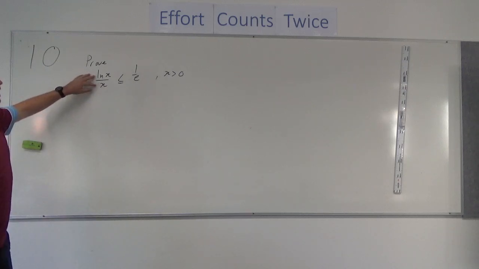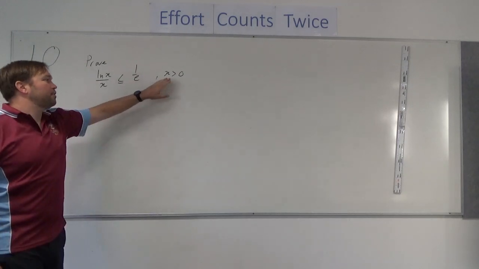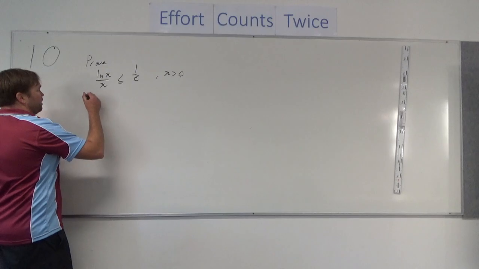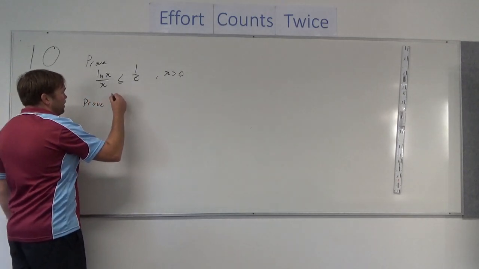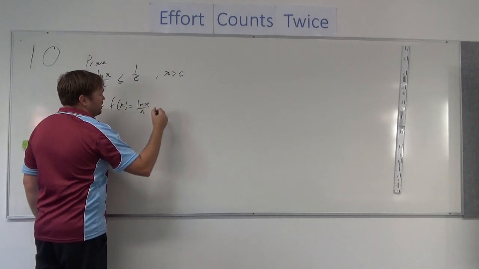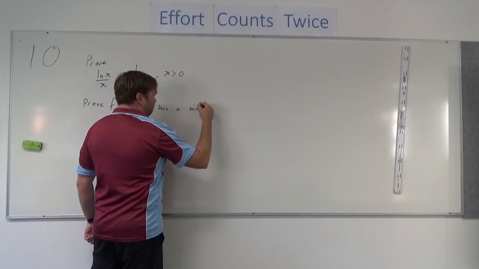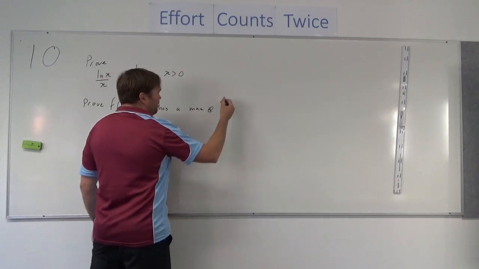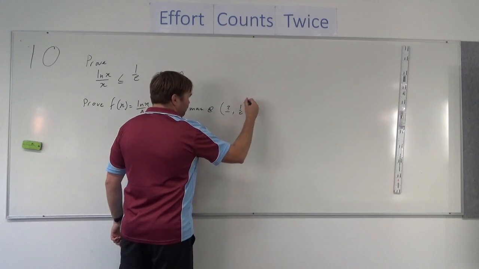Prove ln x on x is less than or equal to 1 on e for x greater than 0. What this is really saying is, in your head, you can write this as prove f of x equals ln x on x has a max at some number, 1 on e.